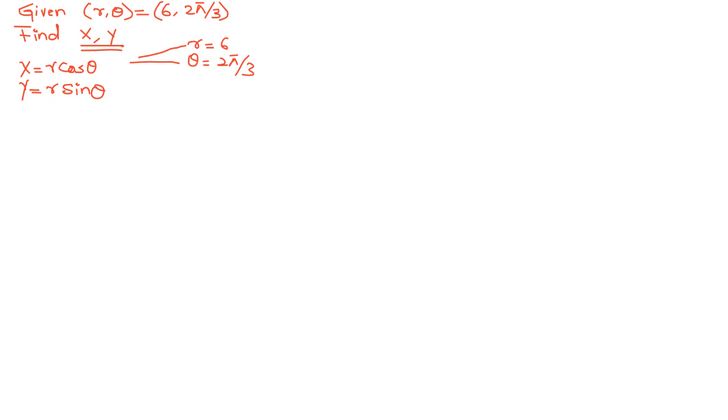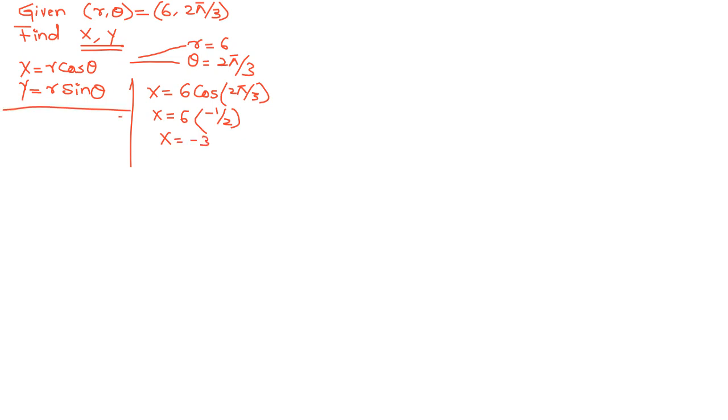Substitute these values here. So x is equal to 6 cosine of 2 pi over 3. Cosine of 2 pi over 3 means minus 1 over 2. So x is equal to minus 3.